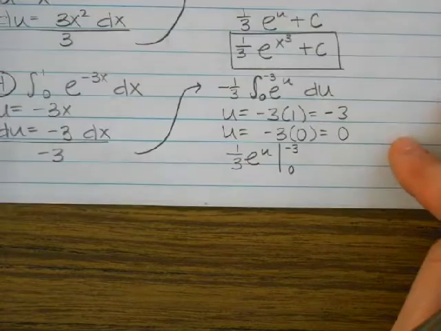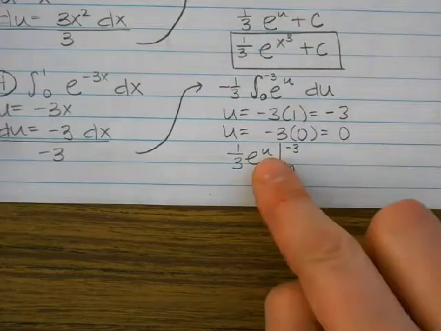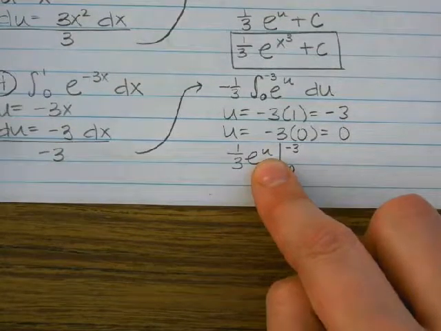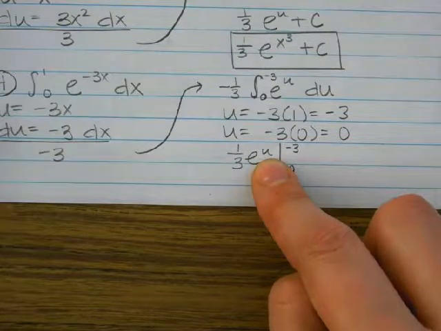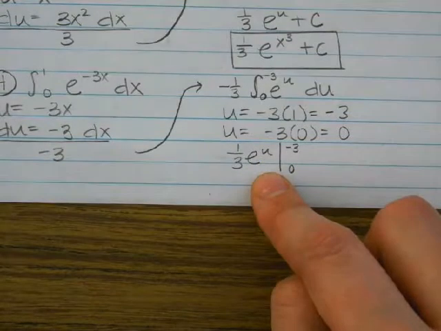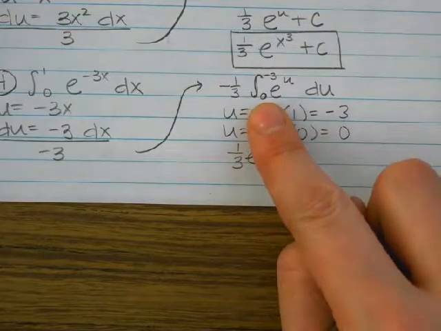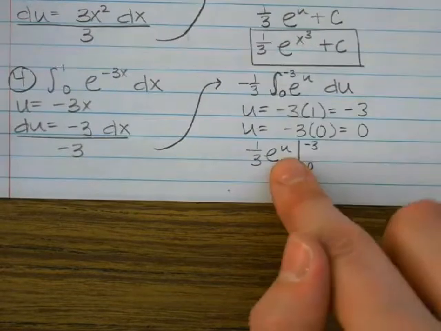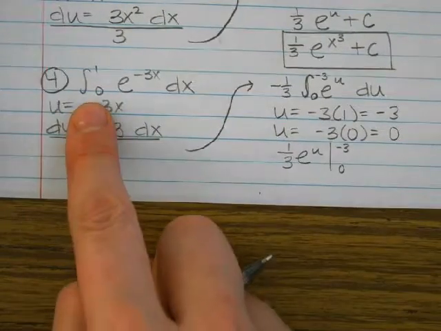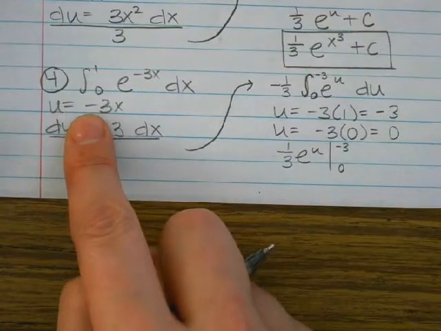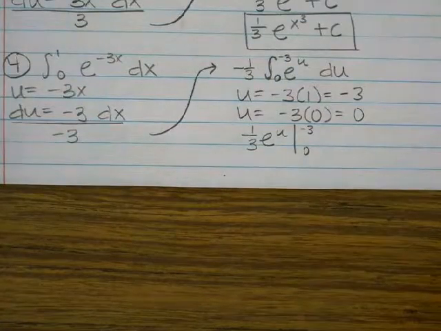Should I take the u and plug the negative 3x back into it? No. Why not? Because we changed the numbers that we were plugging in to correspond to u. That's for u, not x. If you did put the negative 3x back in, then you should be evaluating it with the 1 and the 0. But we changed it, so we're going to go ahead and use the u.